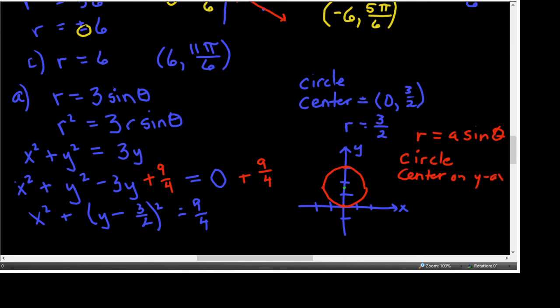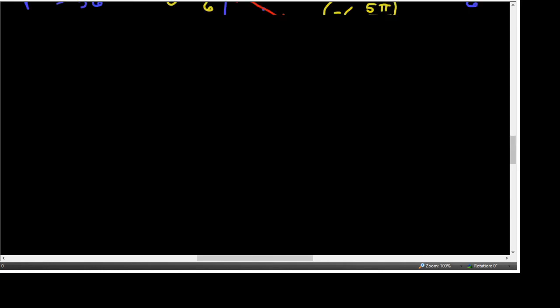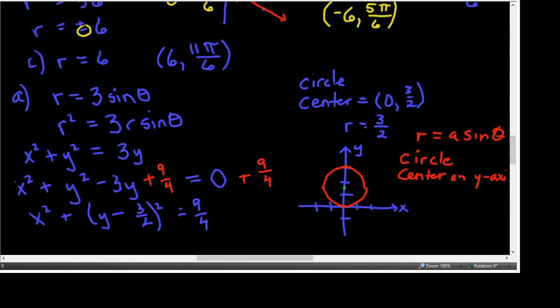The way I'm going to remember that it's the y-axis is that sine of theta is y over r, so sine is related to y. So the center is on the y-axis, and the diameter of the circle, not the radius, but the diameter, is a.